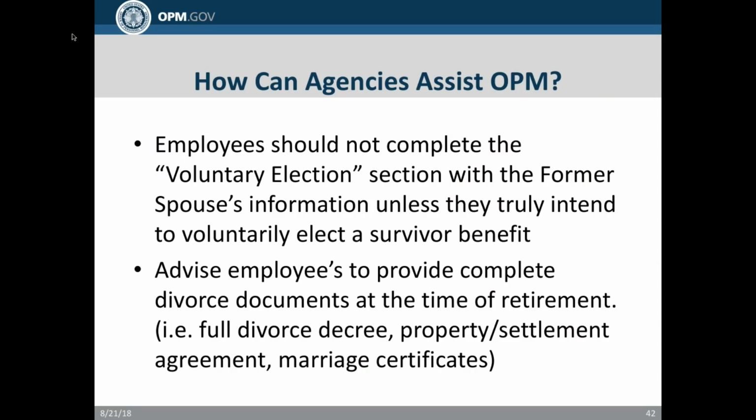Agencies also can advise employees to provide complete divorce documents at the time of retirement: full divorce decrees, any property settlement agreements, marriage certificates, death certificates. We just want a complete package of what happened so we can examine all the documents. A lot of times it may just be the divorce decree. However, if that divorce decree is referencing other court orders, we need to get those court orders as well.